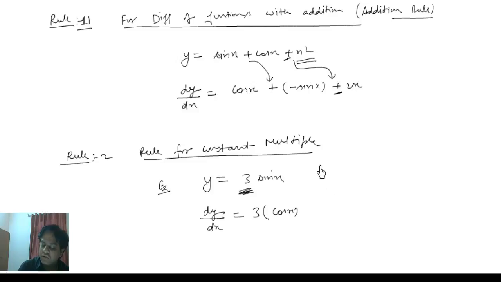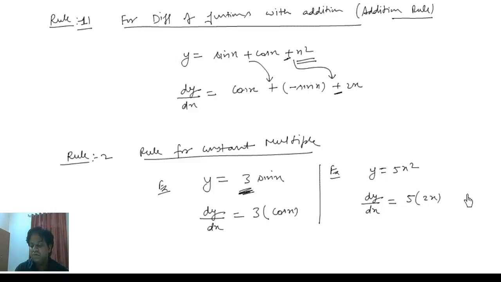Or, for example, if y is equal to 5x square is given, you differentiate 5x square as 5 as it is, and the differentiation of x square is simply 2x. So you get 10x as the result.